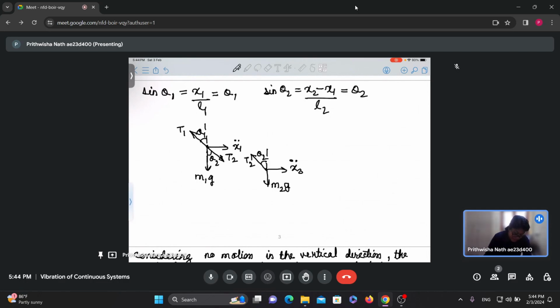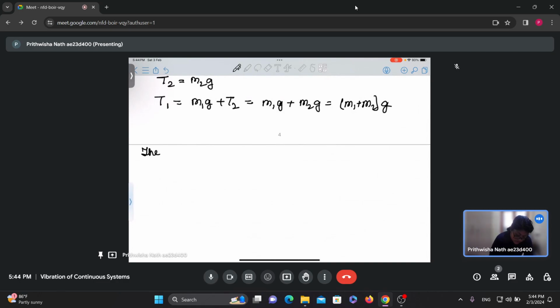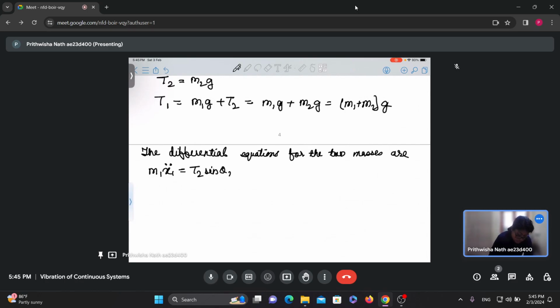The differential equations for the two masses are M1 x1 double dot equals T2 sin theta 2 minus T1 sin theta 1.